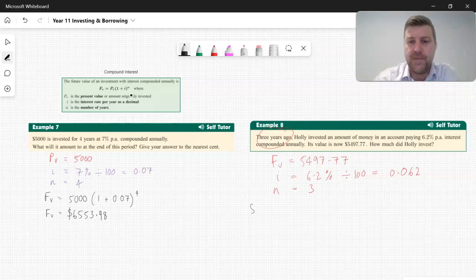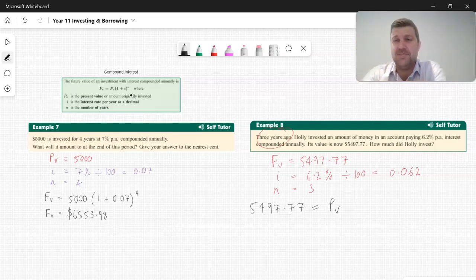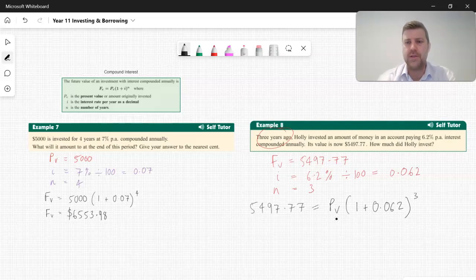So $5,497.77 is equal to what we're trying to work out, the present value, the initial amount that she invested, times 1 plus 0.062 to the power of 3 years.